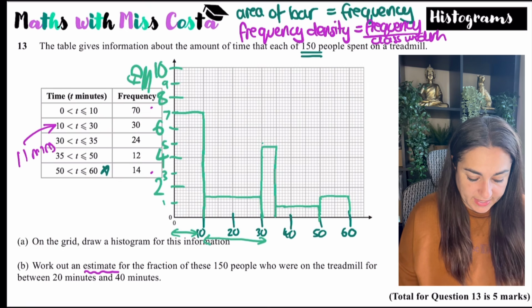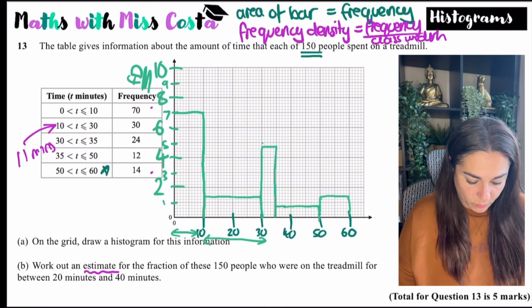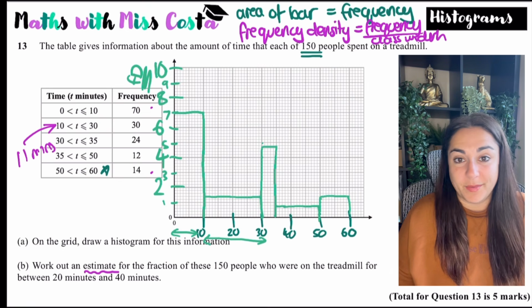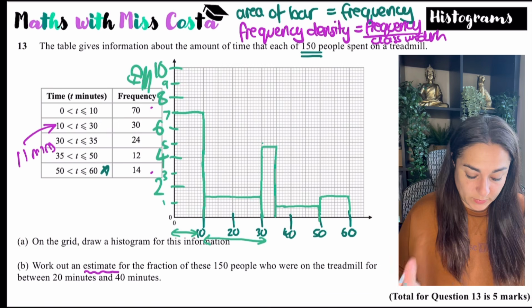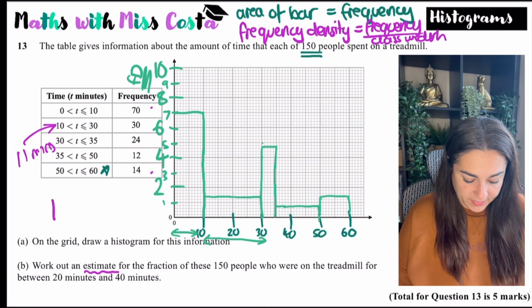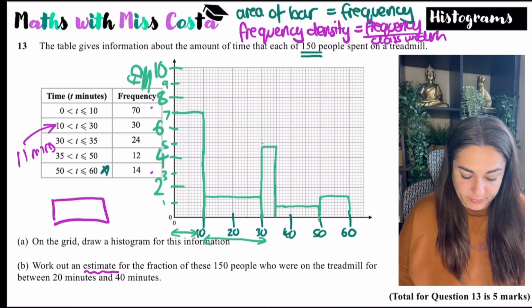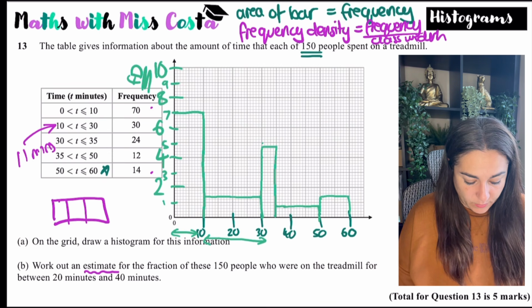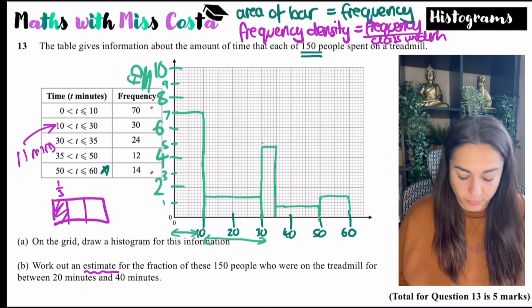It could be the case that all 30 people worked out for 11 minutes. We don't know, but what we do is estimate that it's evenly distributed. So if we know the frequency of the whole bar and we need a third of the bar, we're just going to estimate it as a third of the people.